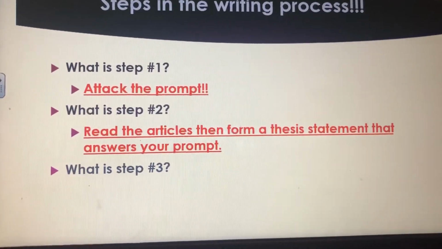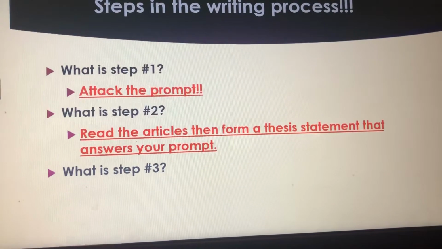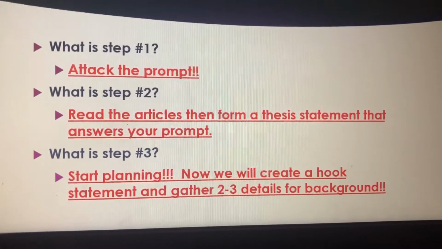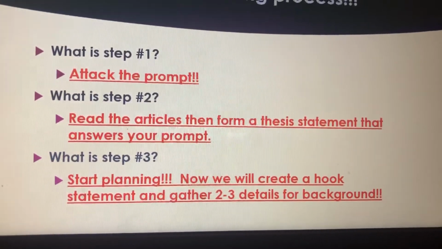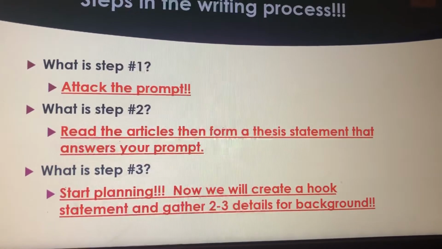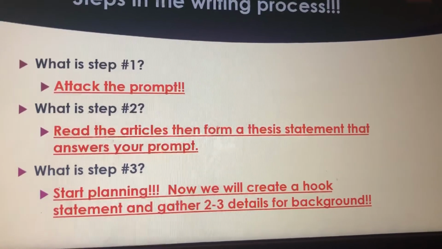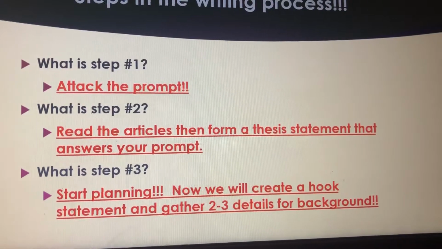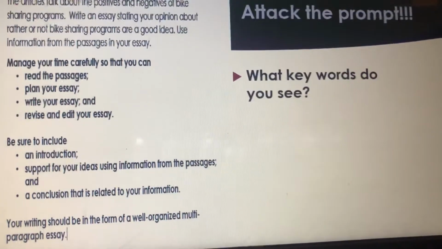What's step number three? If you said to go ahead and start planning, then you're correct. Our step three is to start planning, where we will create a hook statement and 2 to 3 details for background. Today, we're just going to focus on steps 1 and step 2.